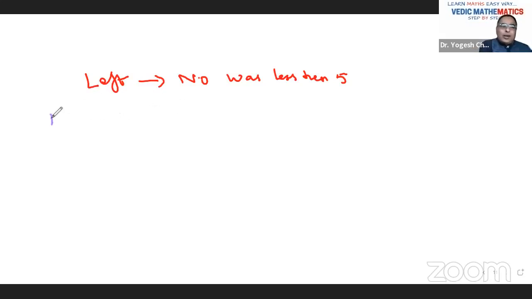So, rule number 3 now. Actually, this is not rule number 3; it is basically a checkpoint, and it will come before rule number 1. Whenever there is a conversion of normal to vinculum numbers, first apply rule number 3, then apply rule number 1.